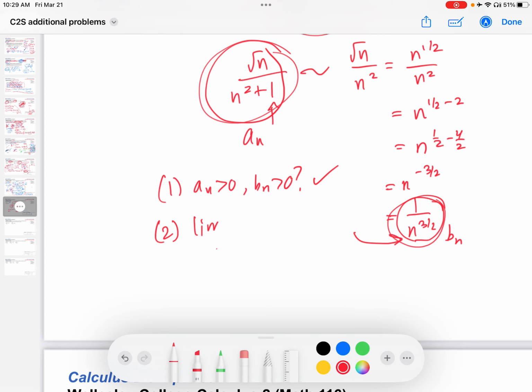Number 2, I'm going to look at the limit as n goes to infinity of an, which is this, divided by bn, which is my other series. Okay, again, multiplication by the reciprocal, so multiplied by n to the 3/2 over 1. And then over here, the square root of n, I'm going to write that as n to the 1/2. Okay, great.